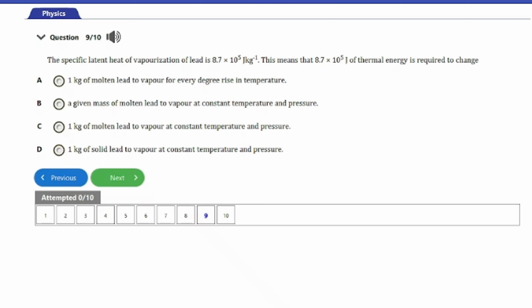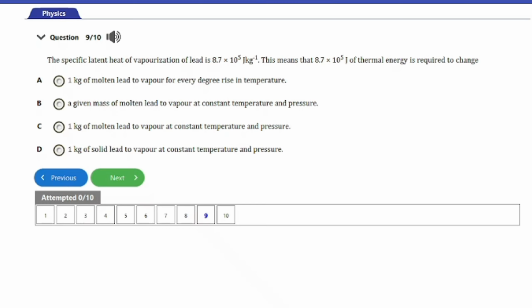B. A given mass of molten lead to vapor at constant temperature and pressure. C. 1 kg of molten lead to vapor at constant temperature and pressure. D. 1 kg of solid lead to vapor at constant temperature and pressure.